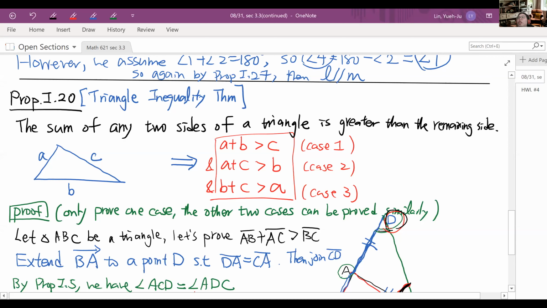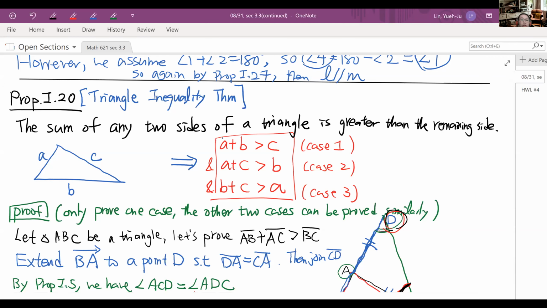If not, you won't be able to draw a proper triangle at all. You can probably imagine that sometimes if two sides are too small, you cannot close it up. You're not going to see a triangle. So in order to form a triangle, your three sides need to satisfy this triangle inequality theorem. That's the first thing you need to satisfy.